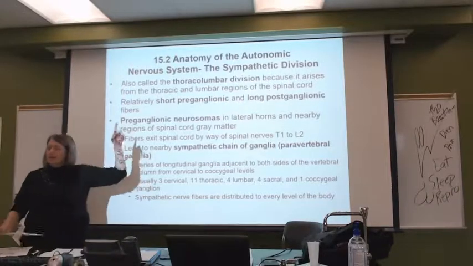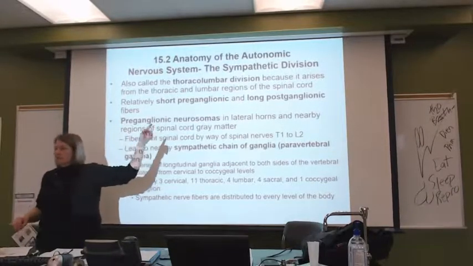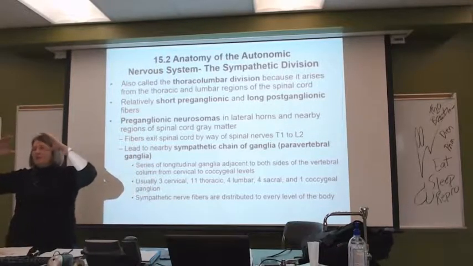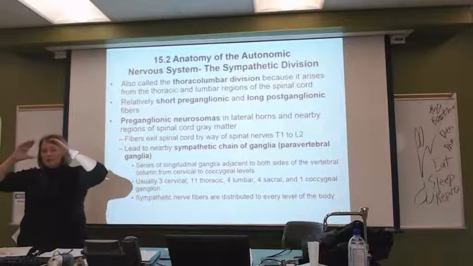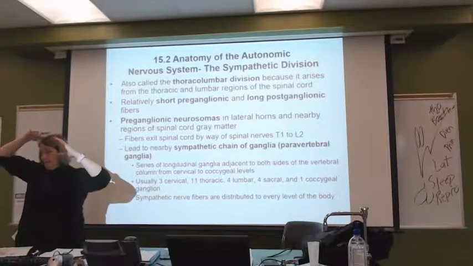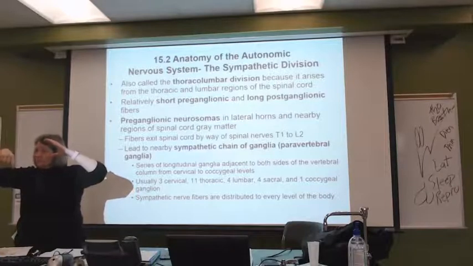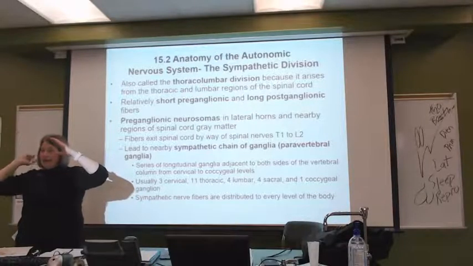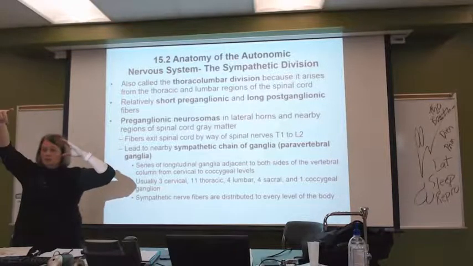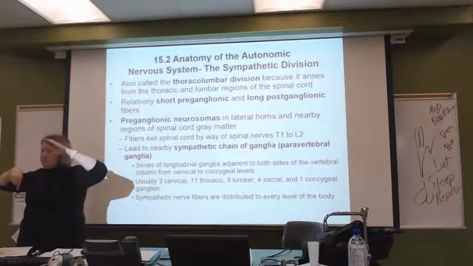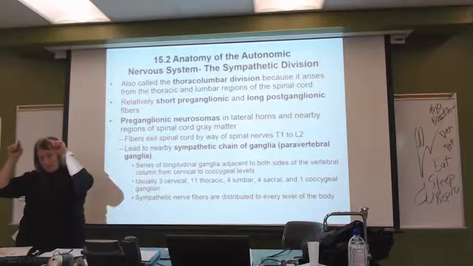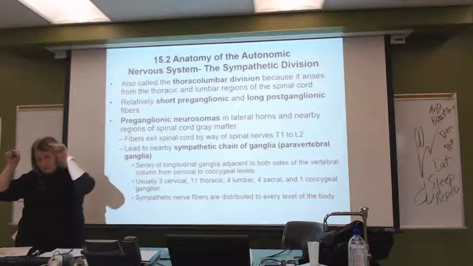Now, this takes us back to the very first chapter we talked about. Does everybody remember the cross-section of the spinal cord, where we had the butterfly, and we had our somatic information come in on the dorsal and leave on the anterior, but I pointed out those lateral horns on each side?